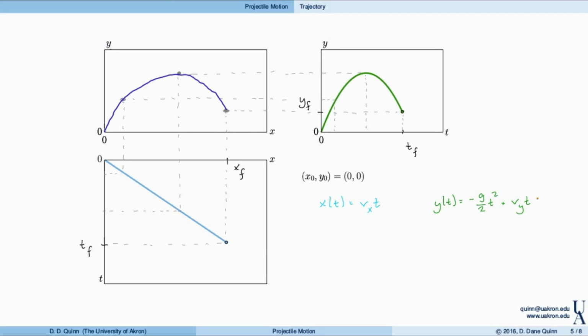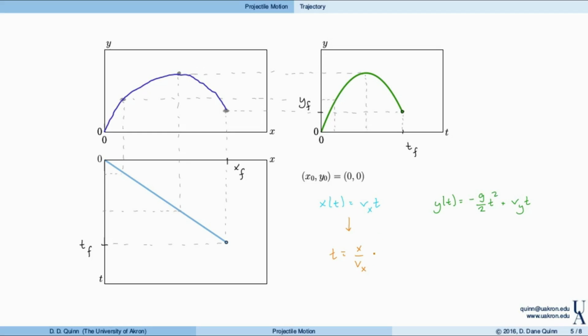Now, using the equations for the response of the projectile, I can actually obtain this curve. So here I will take the horizontal displacement and use that to solve for the time. In particular, t is equal to x divided by vx, just solving this equation for t.